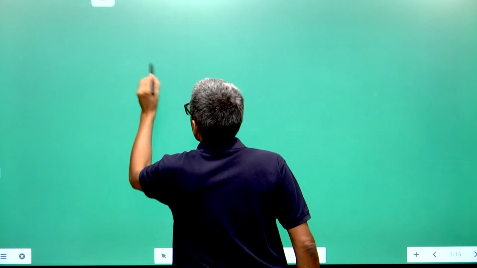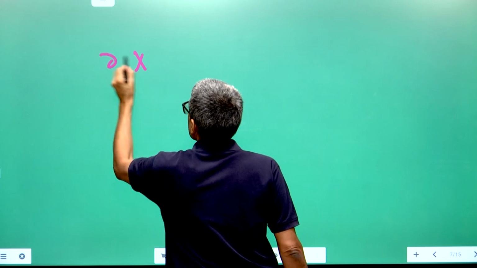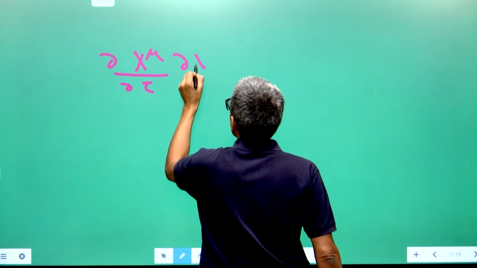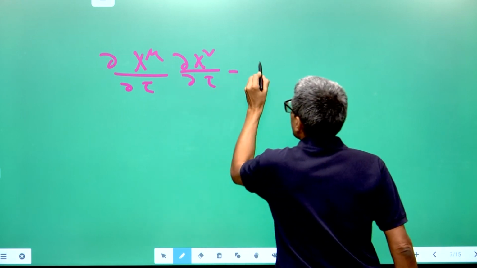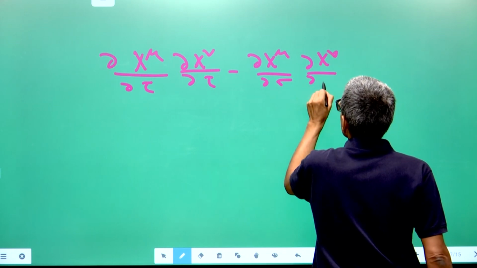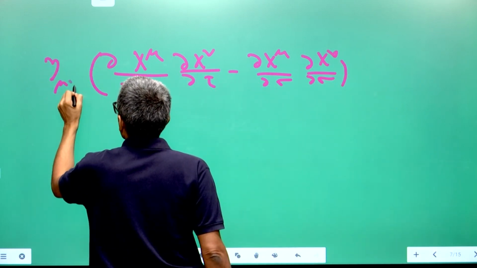If you consider a Minkowski metric, you write down the Lagrangian as dou x mu by dou tau into dou x nu by dou tau minus dou x mu by dou sigma into dou x nu by dou sigma, and then you put eta mu nu, the Minkowski metric.